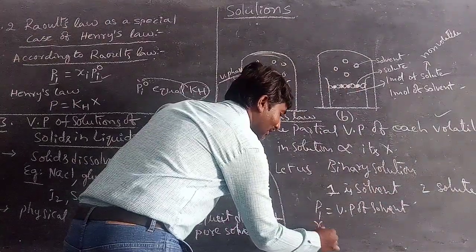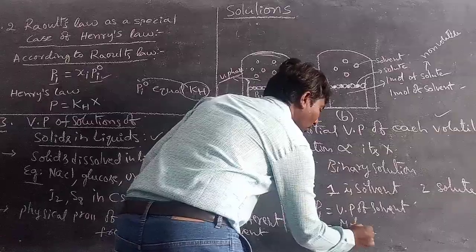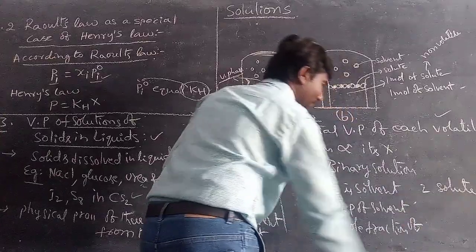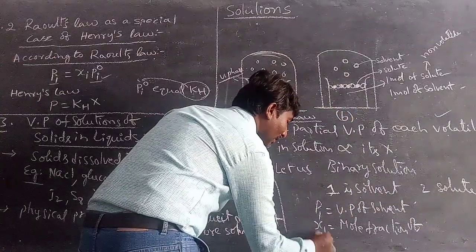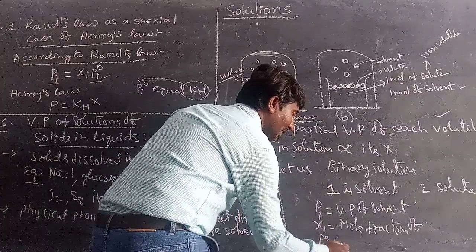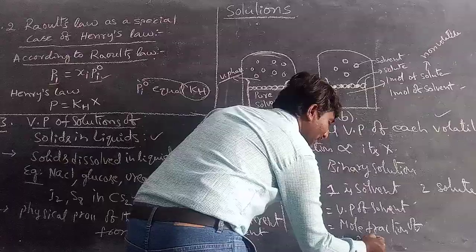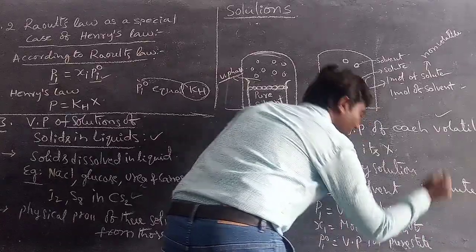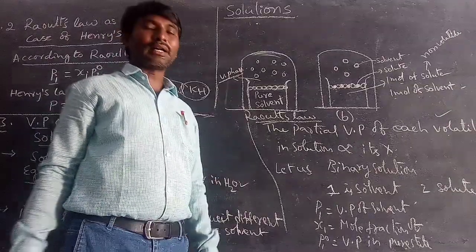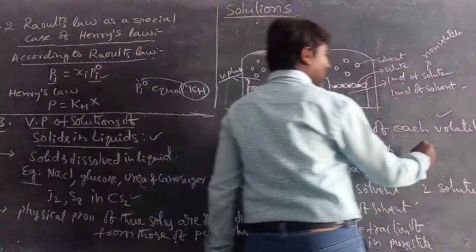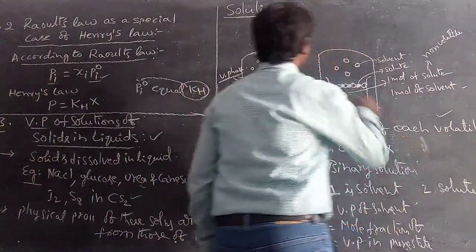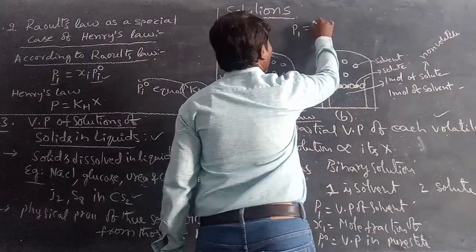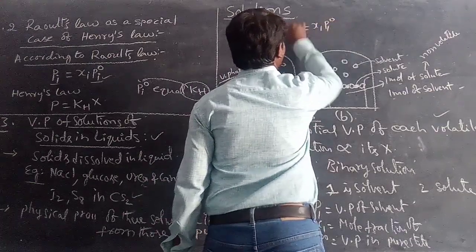And X1 means the mole fraction of the solvent. X1 is the mole fraction of the solvent, and P1 naught is the vapor pressure in the pure state. According to Raoult's law, the partial vapor pressure of each component is directly proportional to its mole fraction, so P1 equals X1 P1 naught.